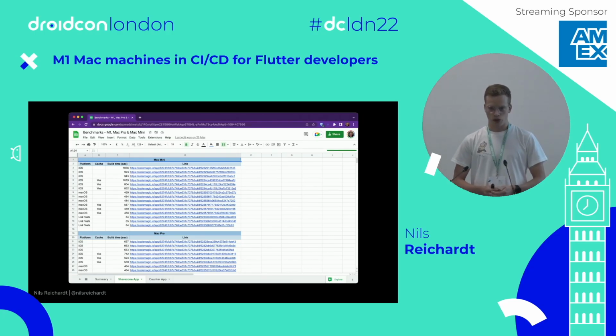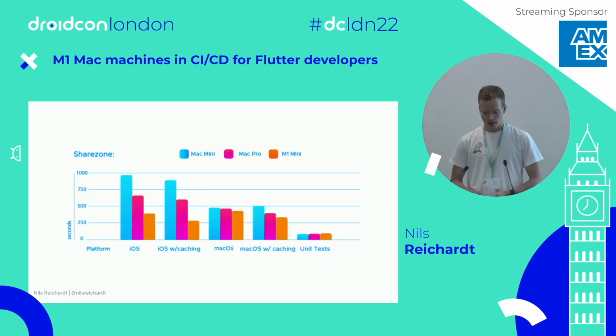I also used the Codemagic machines to do this. We used 3 machines: the small Intel Mac Mini, the Intel chip Mac Pro, and the M1 machine. For every parameter, I did 3 builds and calculated the average to get a very realistic picture. And these are the results.